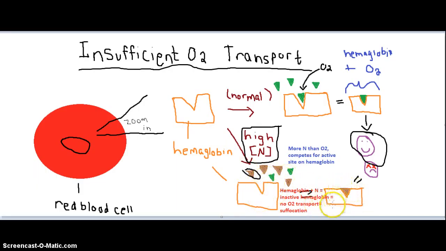But this binding inhibits any oxygen transport, causing the person to suffocate. If we increase the nitrogen concentration even higher, you're going to get even less oxygen transport. Again, the dosage determines how badly this affects the person.